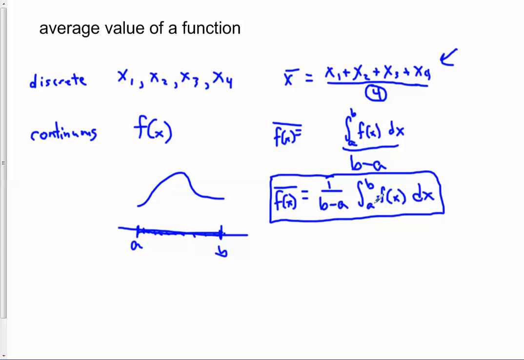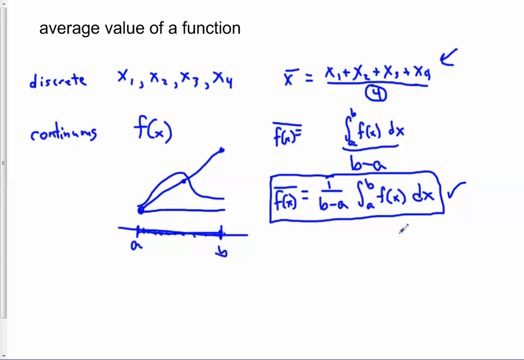And it works, and it gives you answers. If you put a constant function in, obviously the average value of a constant function will be that constant, and that comes out of this. And if you had a linear function that goes straight up steadily, then the average value is going to be right in the middle. This definition gives all the answers that you would expect something called the average to give you. So it's a good definition.